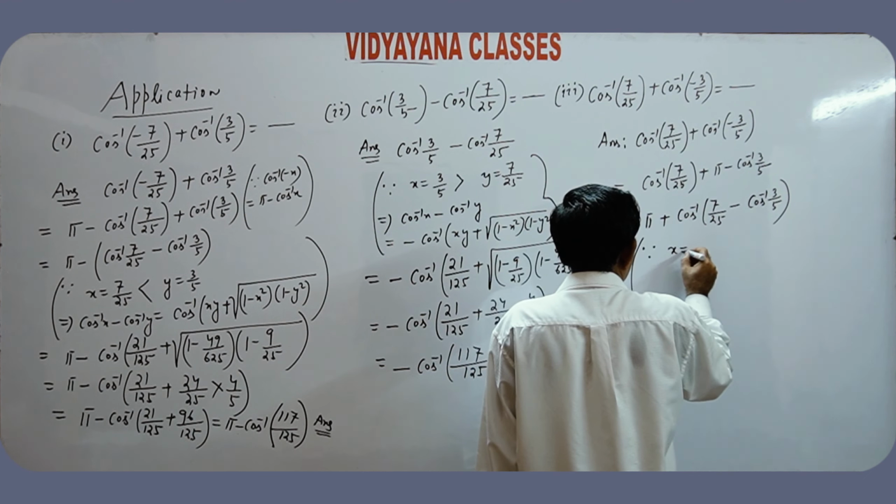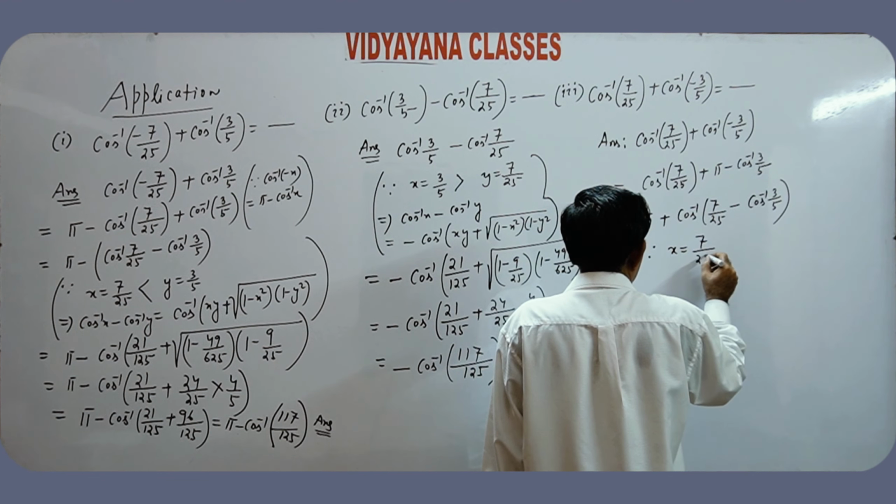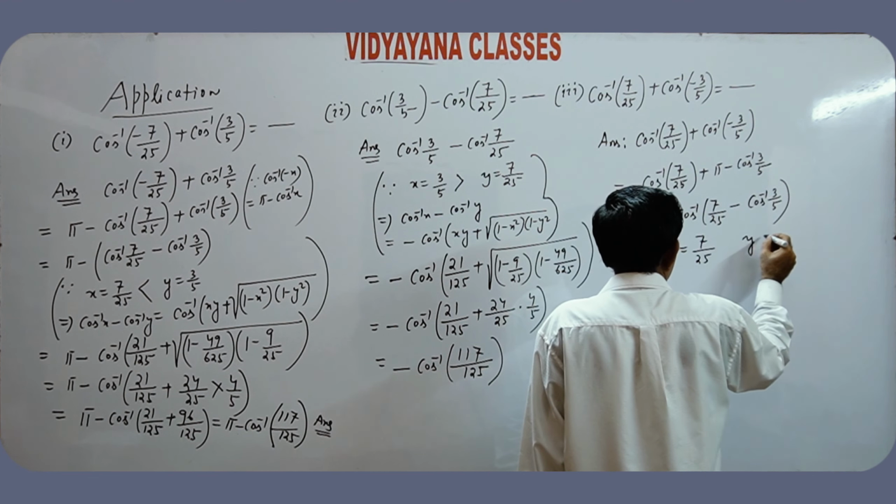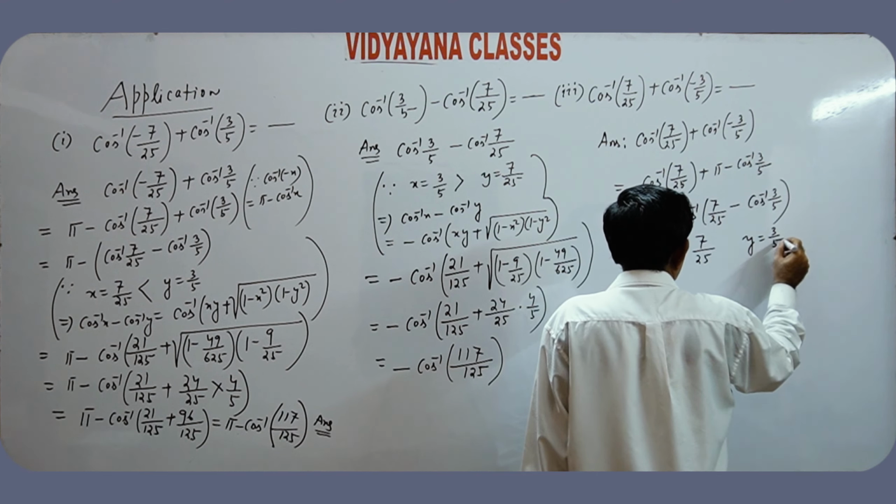Here x is equal to 7 by 25, y is equal to 3 by 5.